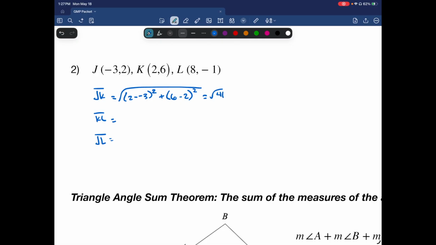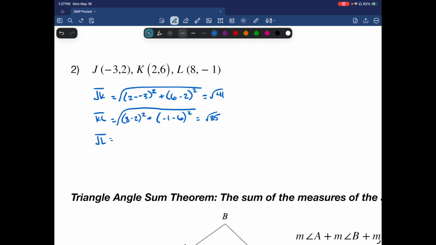Now KL. That's going to be 8 minus 2 squared plus -1 minus 6 squared. We use a calculator, and that's going to give us the square root of 85.